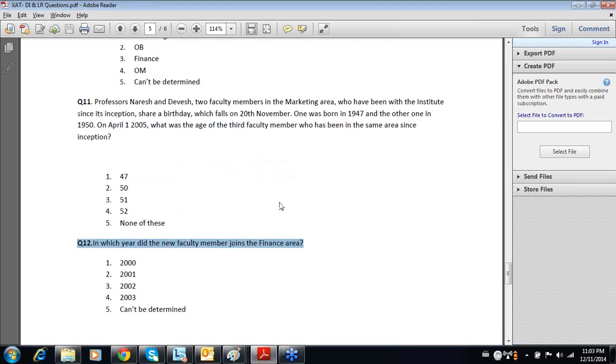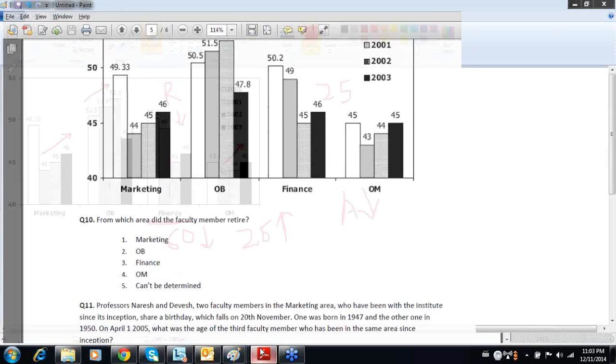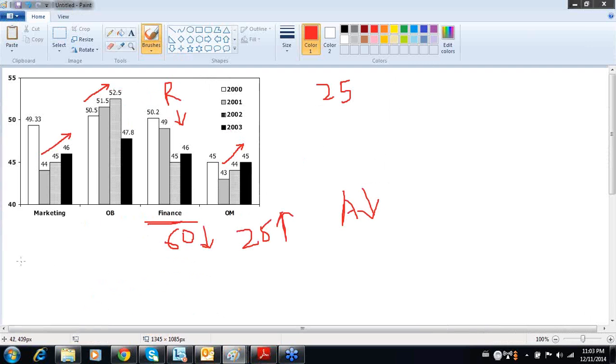Question number 12 says, in which year did the new faculty member join the finance area? Okay. So let us solve this. In the year 2000, the total number of people in finance has been given. It is given as 5.